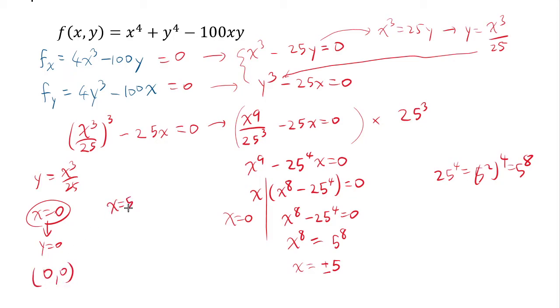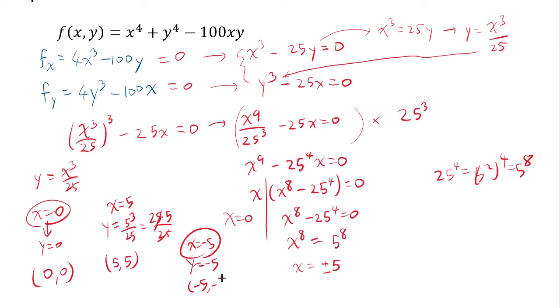When x is 5, then y would be 5 cubed divided by 25, but this is 25 times 5, right? So you get 5, so 5, 5 is the other point. And if you plug in x equals negative 5, you're going to get the same exact story, except that negative 5 cubed will be negative 125, so you're going to get a negative value for y. So you get negative 5, negative 5.